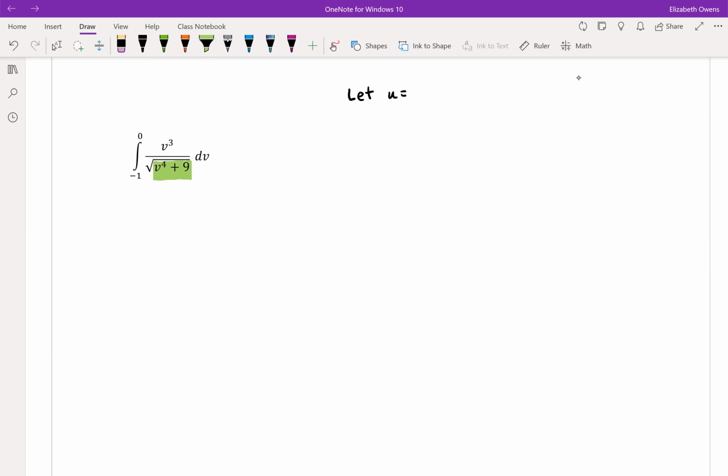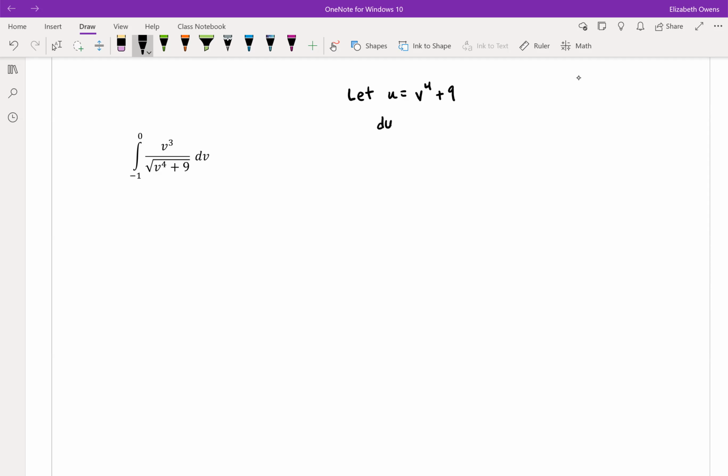Another part that would encourage you to use that for your u is the fact that that's v to the fourth, and then up here we have a v to the third, which is one power lower. So that's a good hint that maybe that's going to be part of our derivative. So both of those point toward letting u equal v to the fourth plus 9.